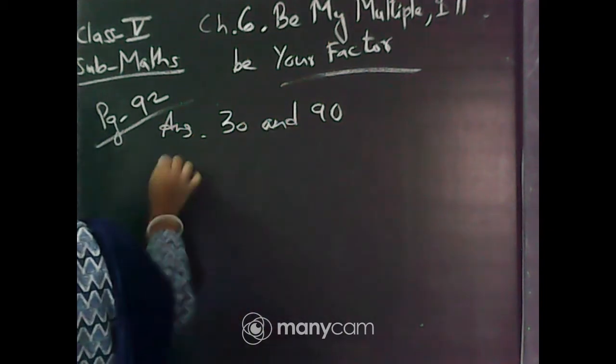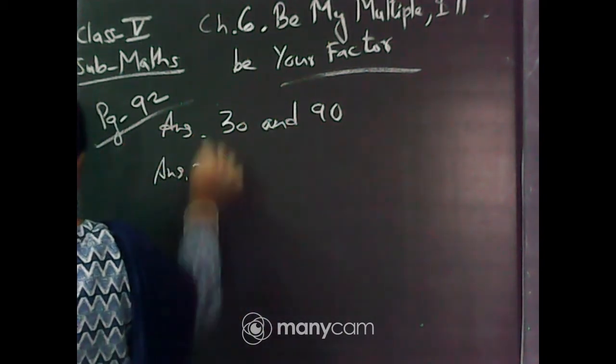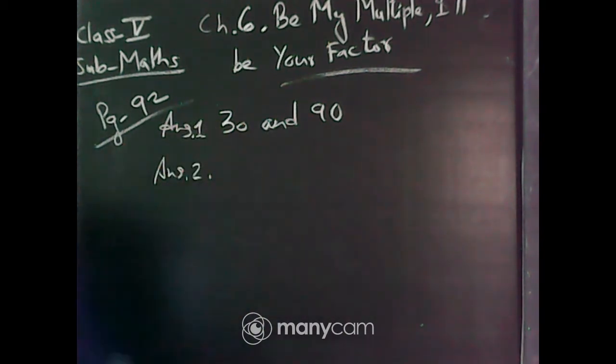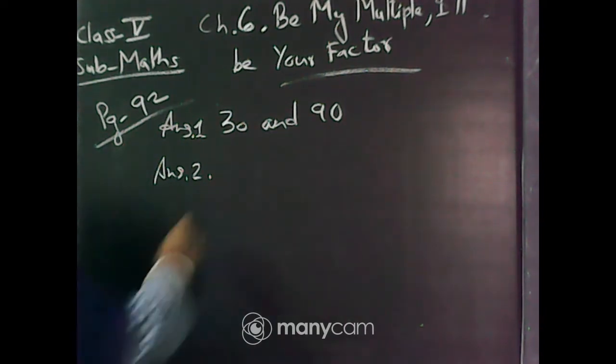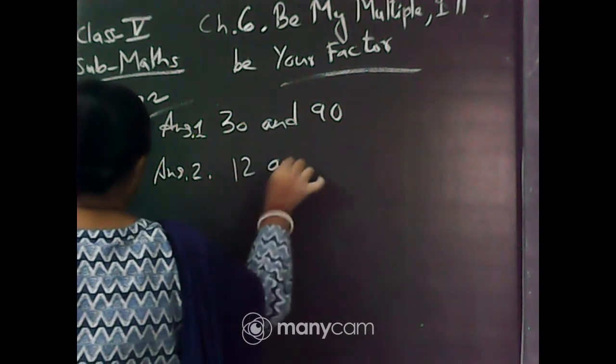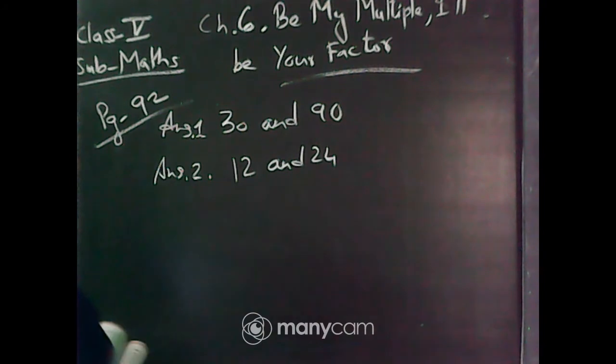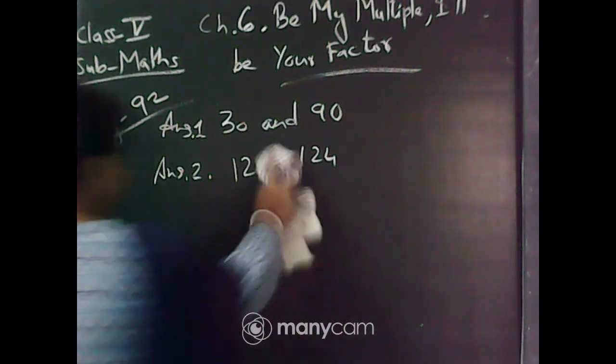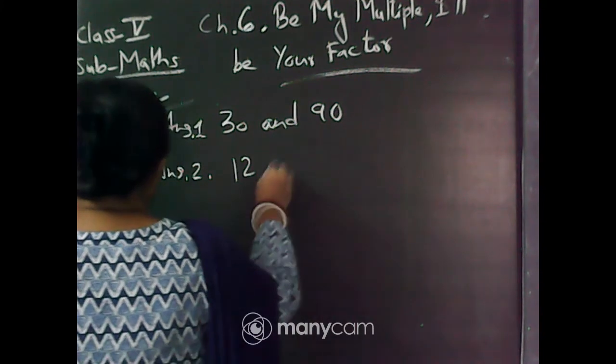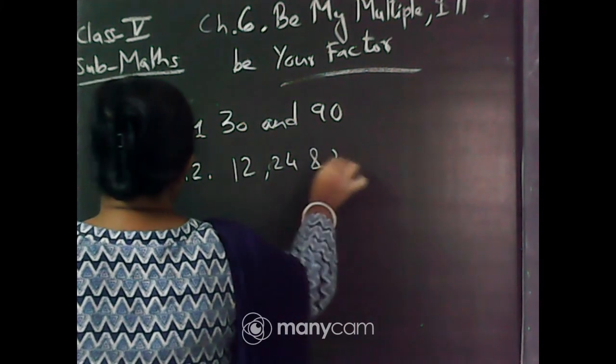The second one: what common multiples of 4 and 6 are written in the orange part? So in the orange part, what have you written? It is 12 and 24, isn't it? One more is there, 36. 12, 24 and 36.